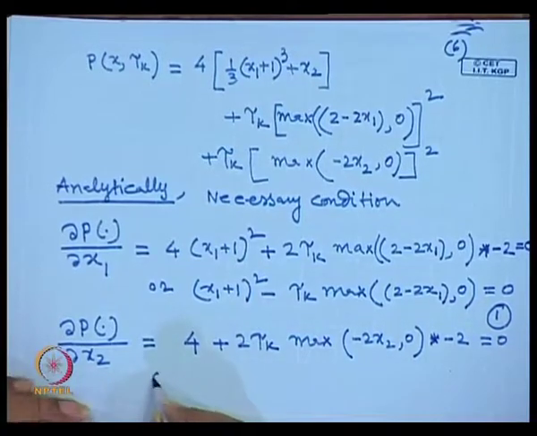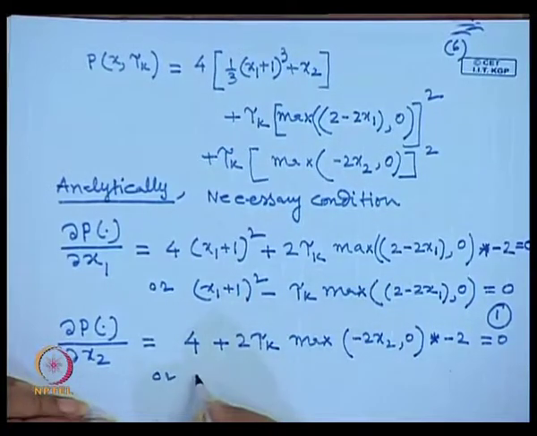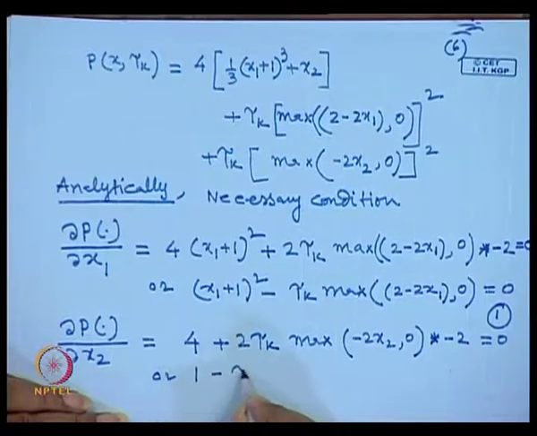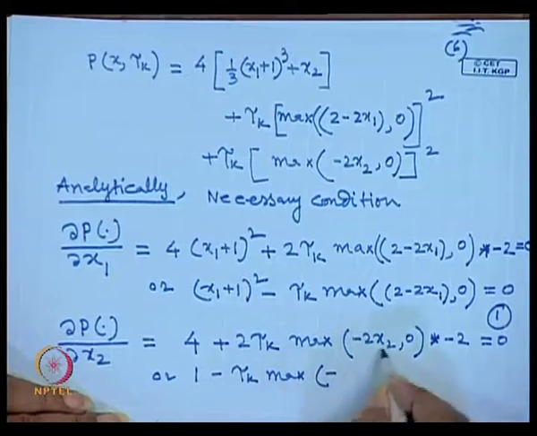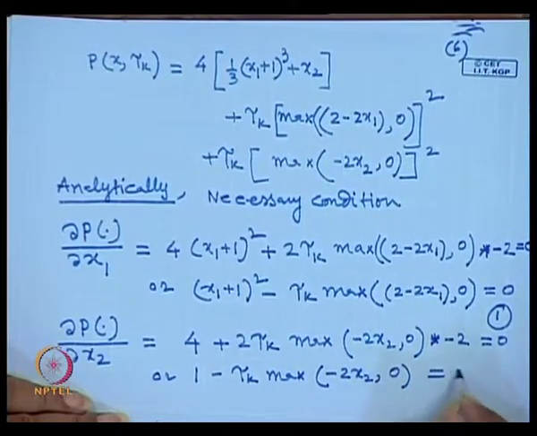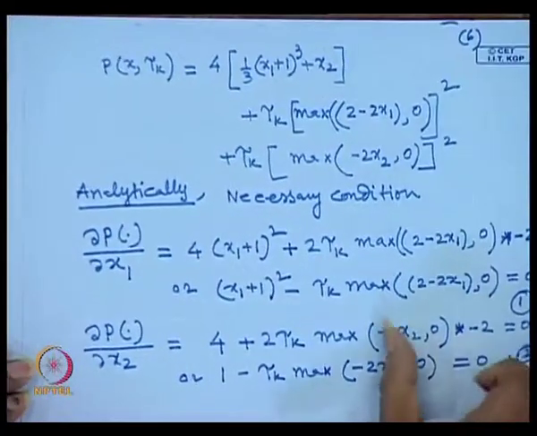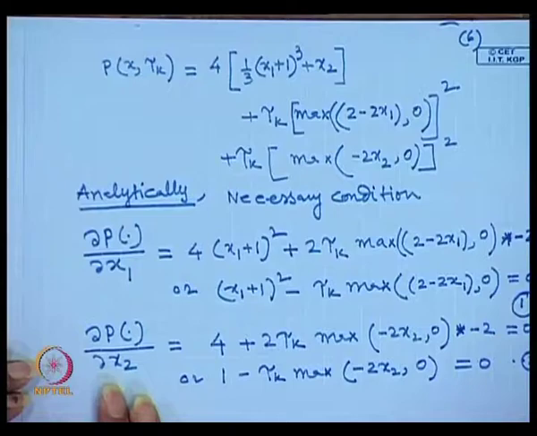So, again if you cancel 4, 1 minus tau k max minus 2 x 2 0 is equal to 0. Let us call this equation number 2, agree. So, this is the necessary condition, you got it.